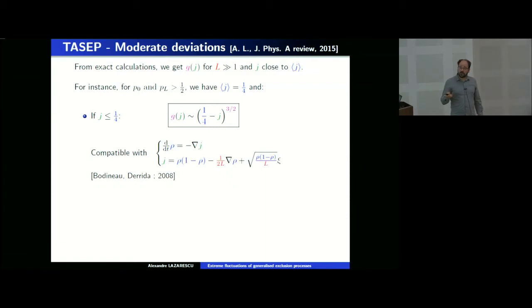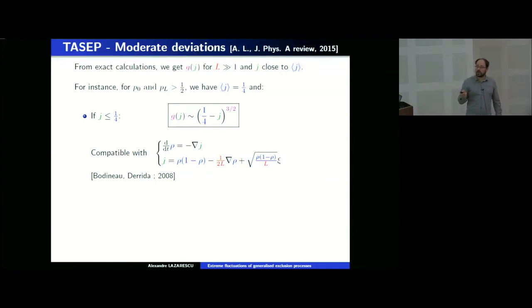This is compatible with, so this expression can also be obtained by taking the macroscopic fluctuation theory joint rate function, taking a very large drift, but under the proper rescaling becomes a very small diffusion, and then extremizing the rate function on the densities to find the current.